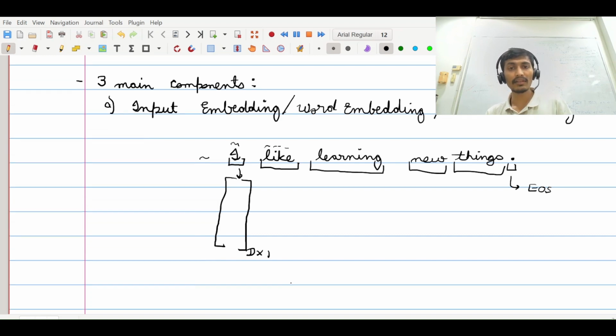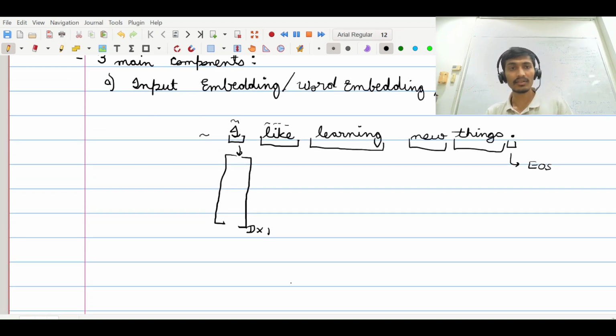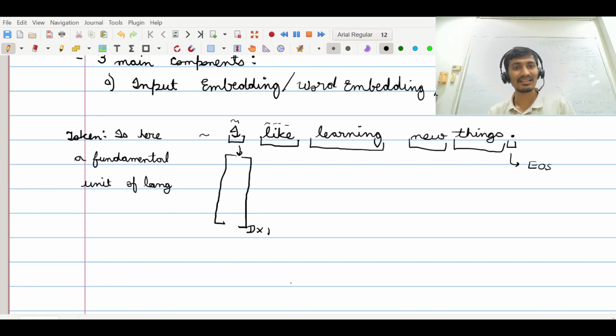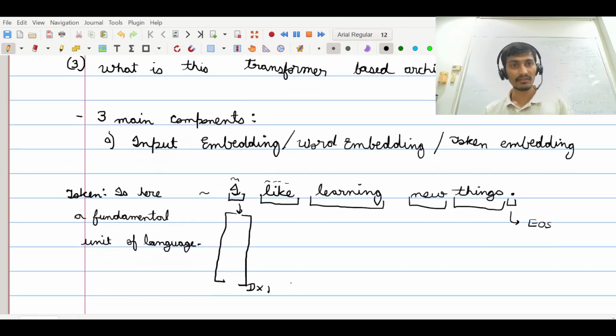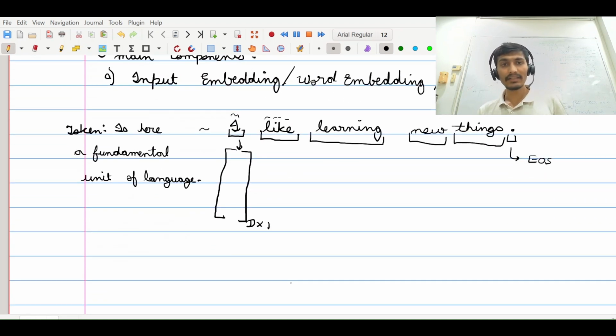So a token, as we have mentioned, is here a fundamental unit of language. Let's be that much clear. Okay, it might not be precise, but it will serve as a good approximation. So associated with each token.